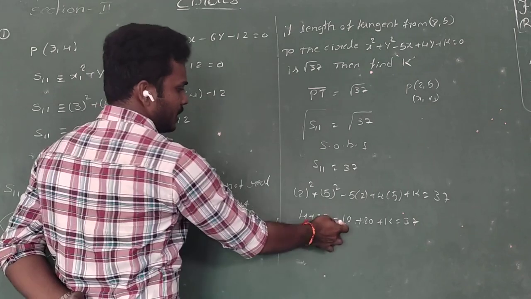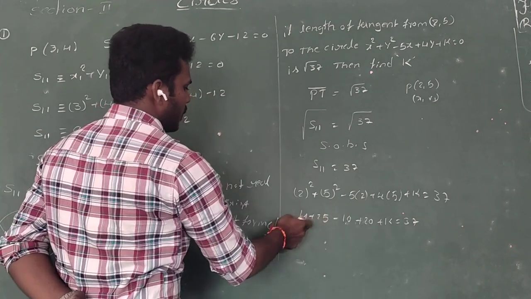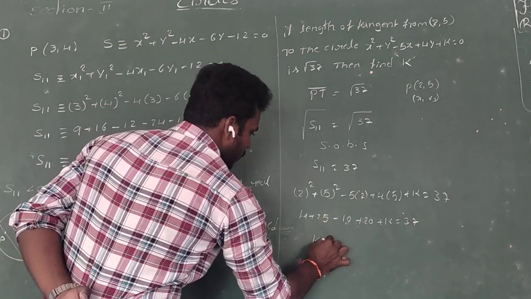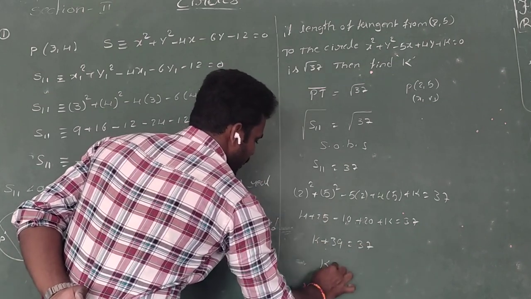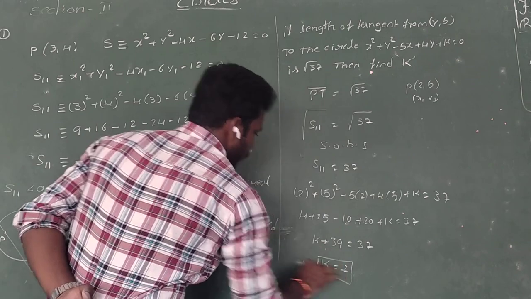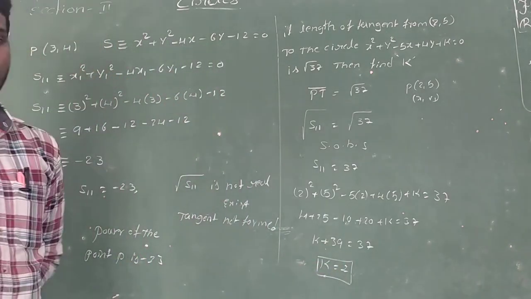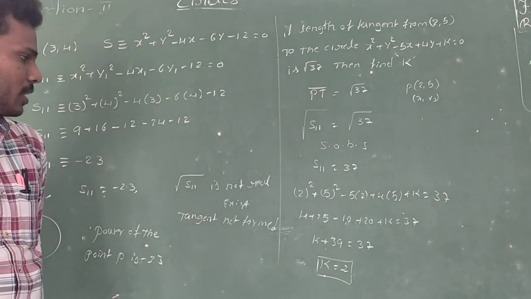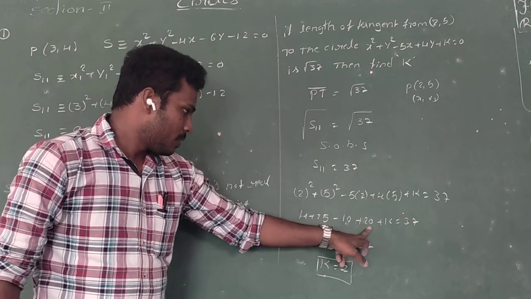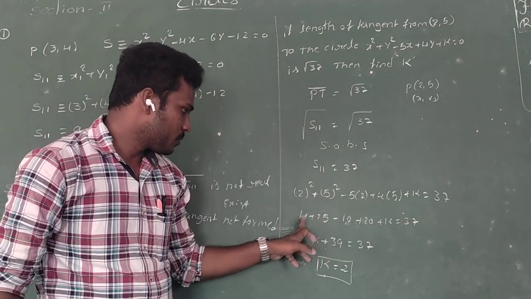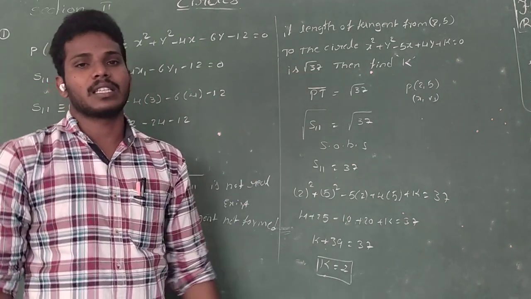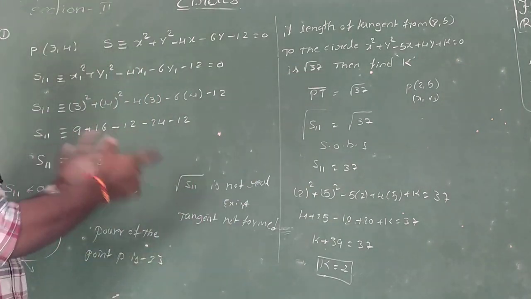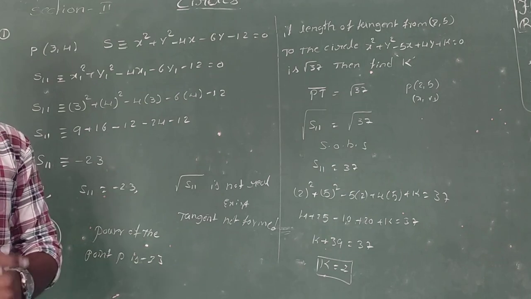Now here minus 10 becomes plus 10 when added, so 4 plus 25 is 29, plus 10 is 39. So k plus 39 is equal to 37, and k is equal to minus 2. So the value of k is minus 2. This is the manner to solve this type of question in section 2.